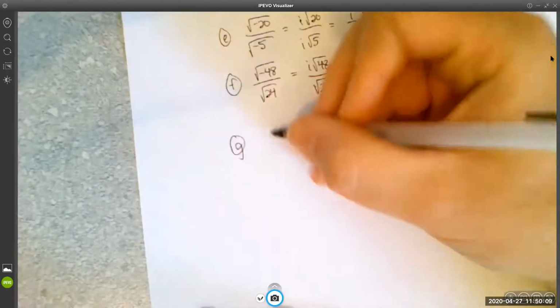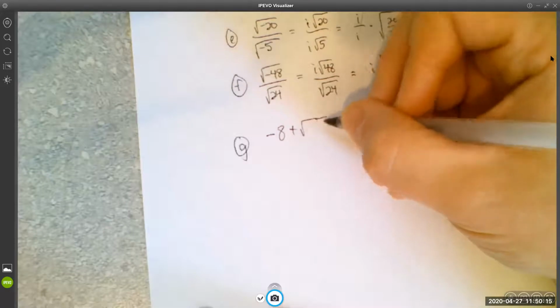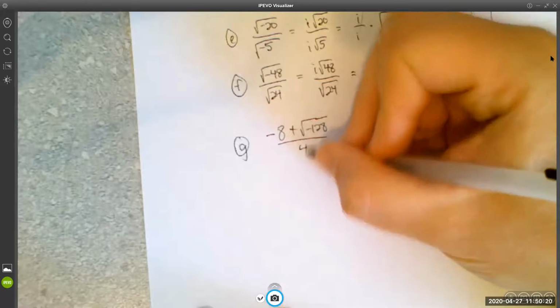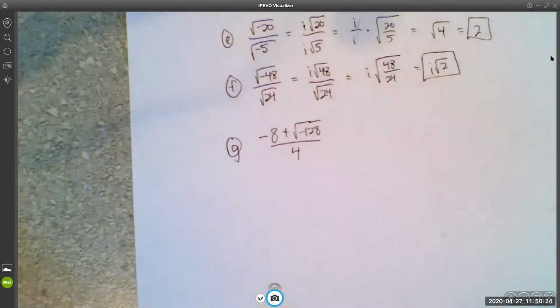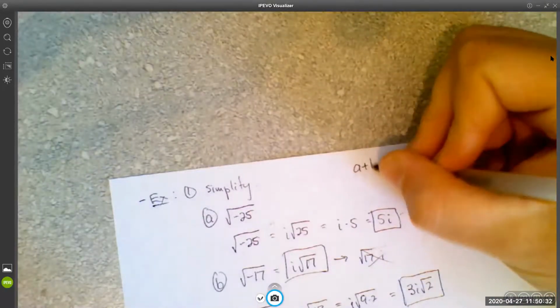If we were working with something written this way, and this is a pretty common occurrence, especially when you apply something like the quadratic formula, like you're trying to solve some quadratic equation that's not factorable, so you use the quadratic formula on it, you end up with expressions like this all the time. But when we're writing something as a complex number, our goal is to have it in the format a plus bi.